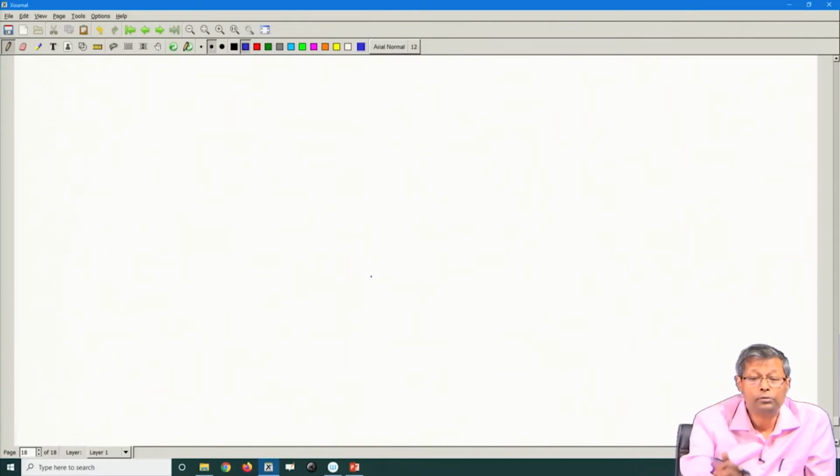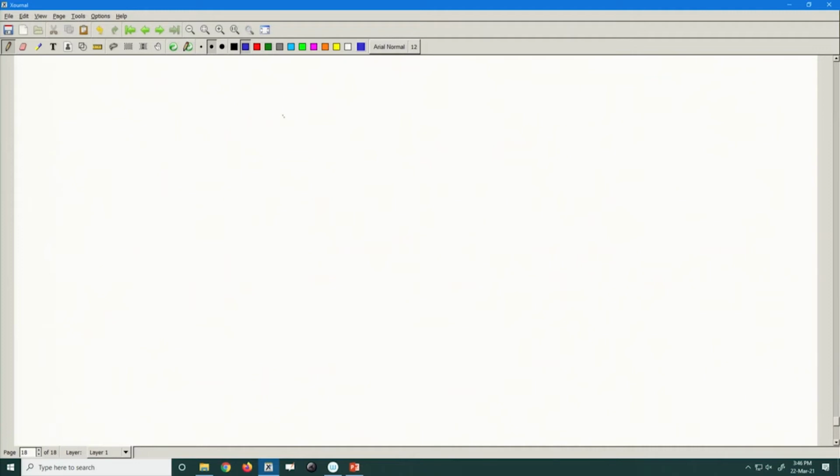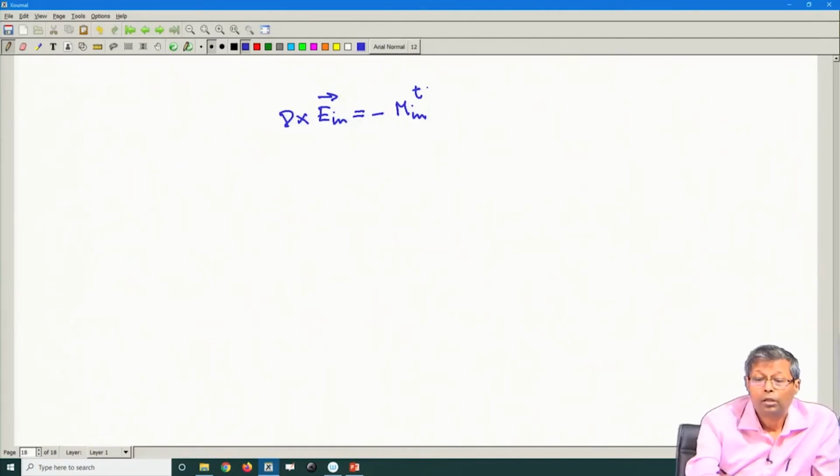Very simple to write, just from our first set of equations.